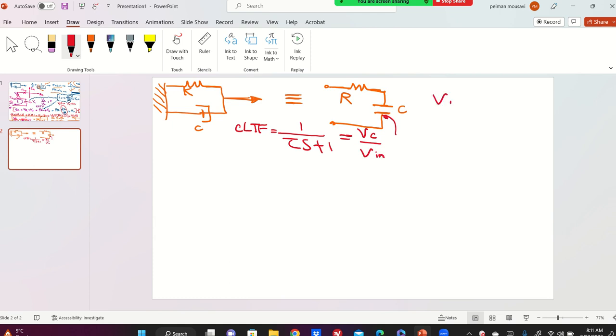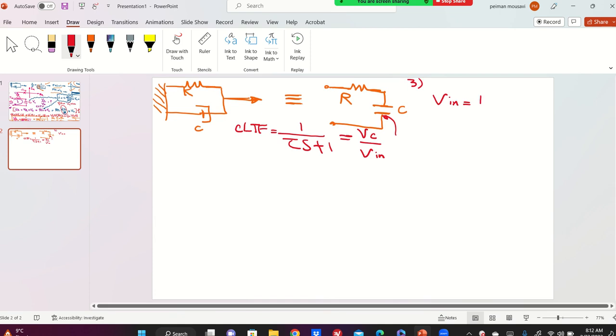So I'm saying now the input voltage, third case, is a ramp. Means Vn t. This is a ramp, a straight line, at 45 degrees. It means you are linearly increasing the input voltage in the system.